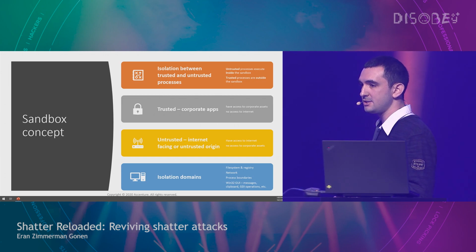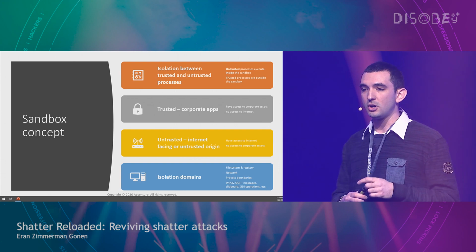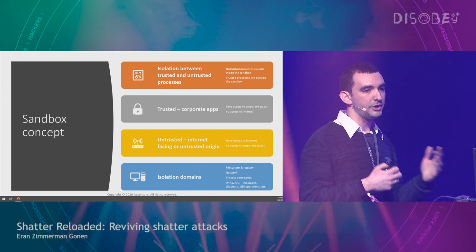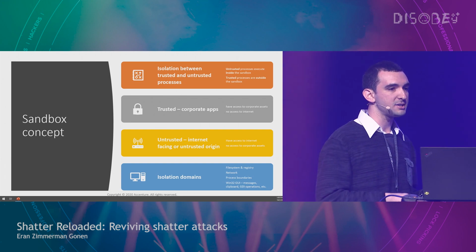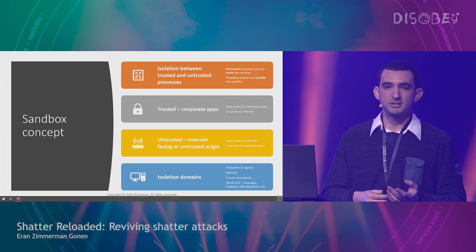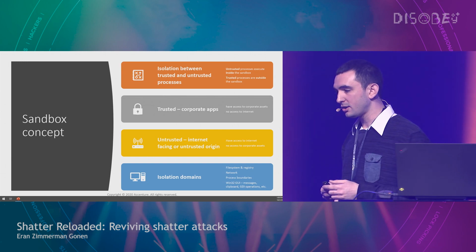Also, sending Windows messages from an untrusted process to a trusted process was blocked by the sandbox. Reading a clipboard written by a trusted process from an untrusted process, and printing the screen, such as with BitBlt, were all blocked by the sandbox.